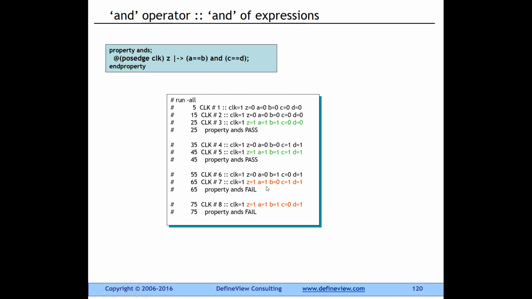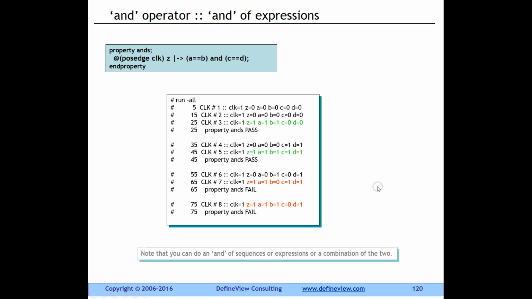And here A and B are not the same, property fails. And here C and D are not the same, so property fails. So one more thing, you can do AND of expressions, AND of sequences, and you can also do AND of a combination of the two. So that's very useful where you can have a sequence, you want to AND it with an expression.